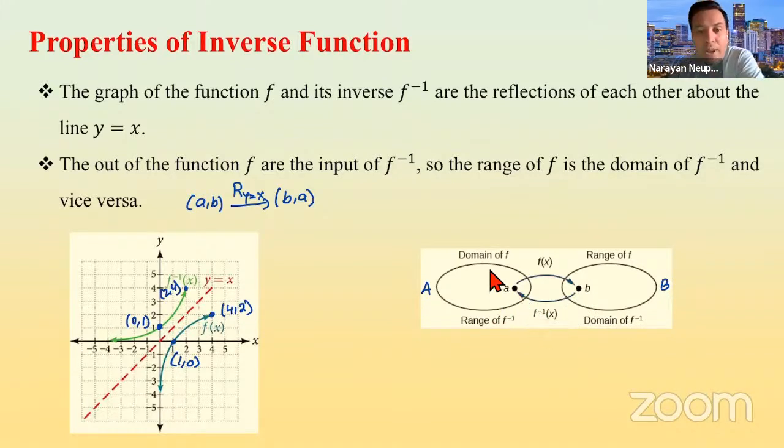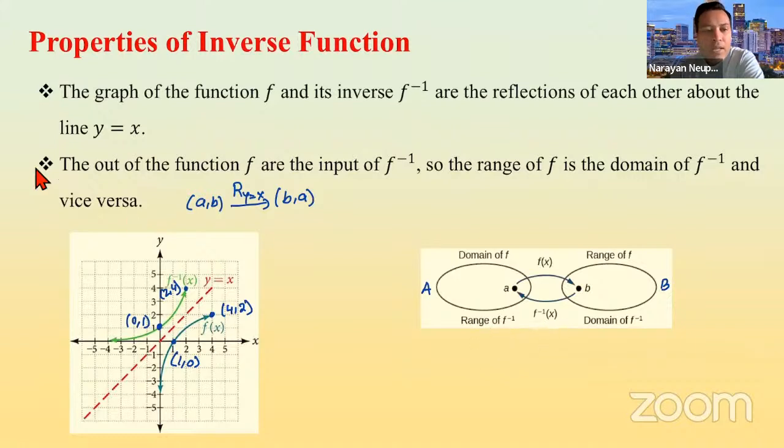So the first function f is going from A to B. That means the domain of function f is the first set, and the range of the function is set B. But for the inverse, as it is going in the opposite direction, the second set is the domain of the inverse function, and the first set is the range of the inverse function.